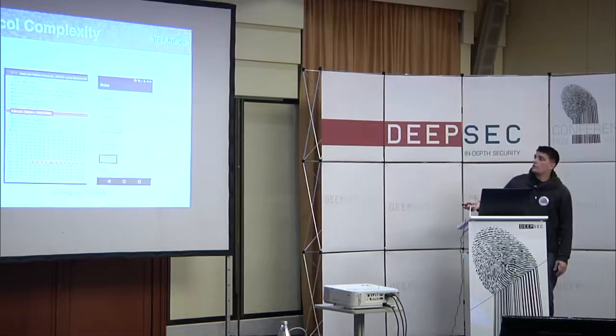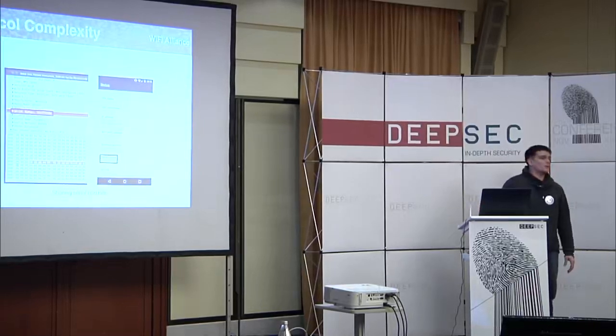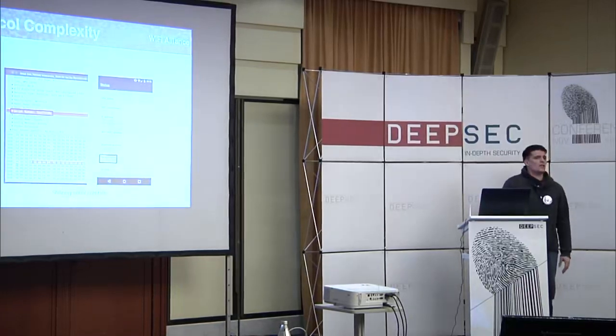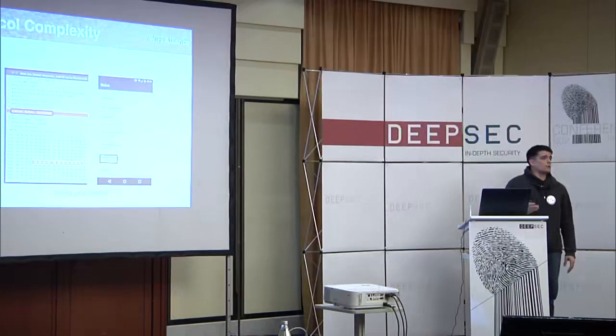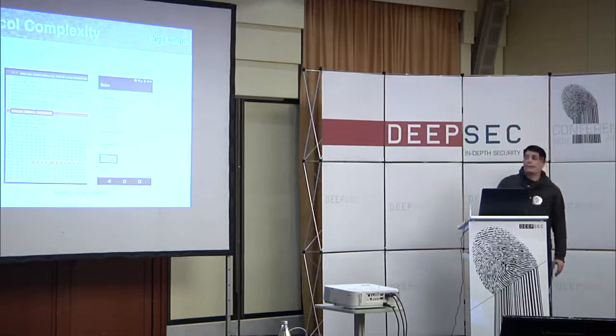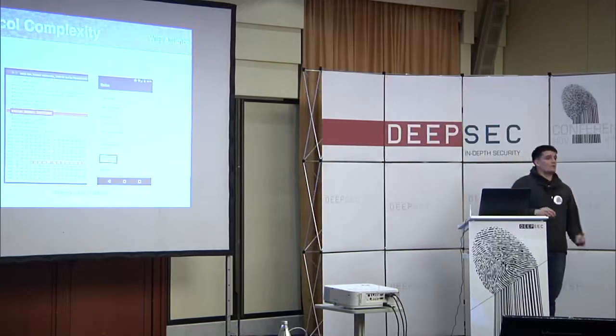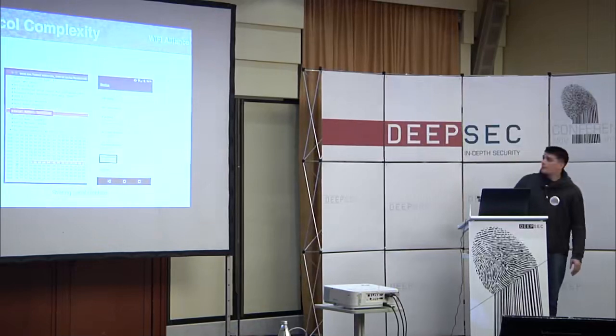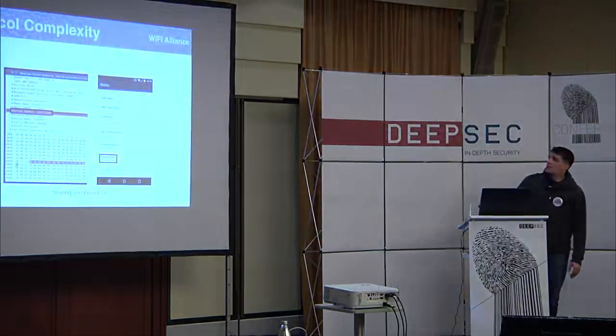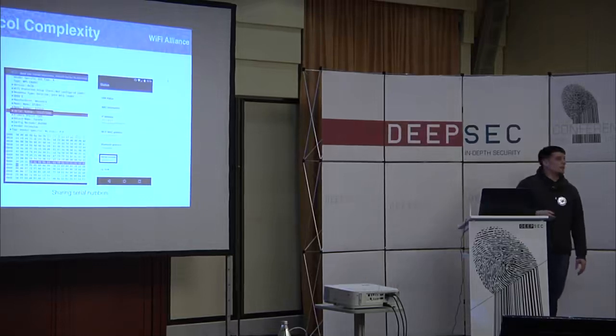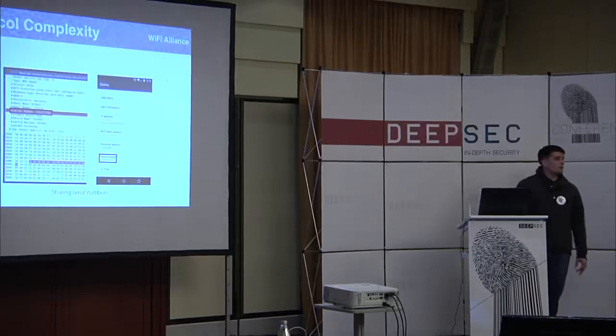For example, this is my phone. If you have an Android device, you have Wi-Fi Direct. Android from 2011 is the first one to support this protocol, and a lot of phones have it by default sometimes. And here we can see my phone serial number sent to the air. Okay, so anyone can get my phone serial number.